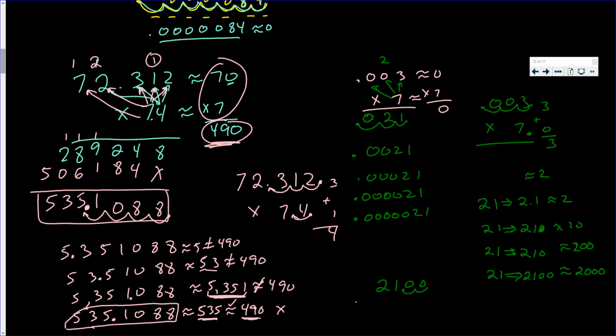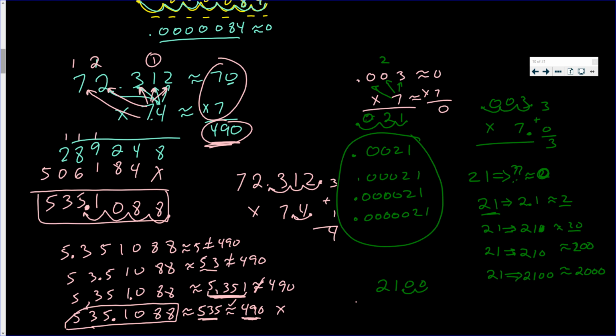But when it comes close to 0, 21 becomes, I don't know. All of these numbers are close to 0, and all I did was move the decimal. But if it's close to 2, I know where the decimal goes: 2.1.